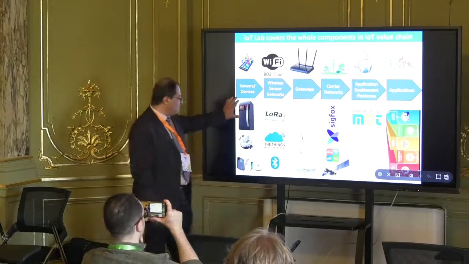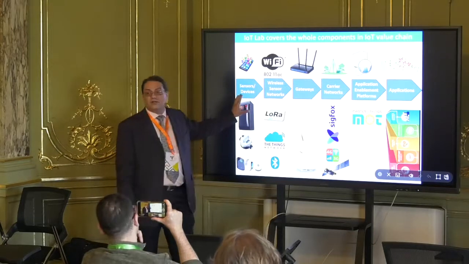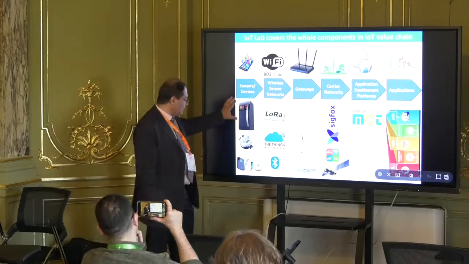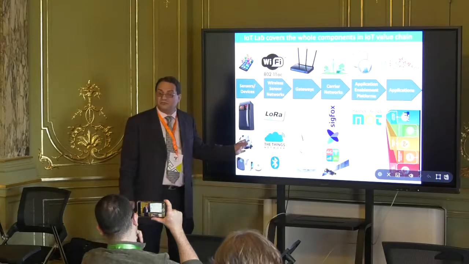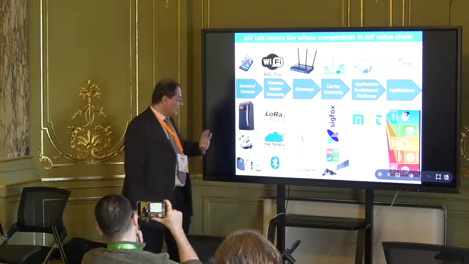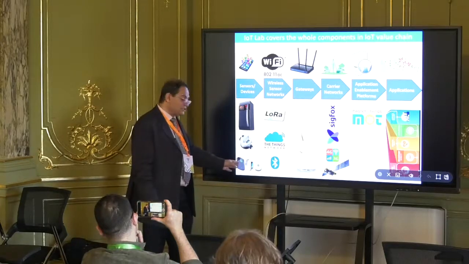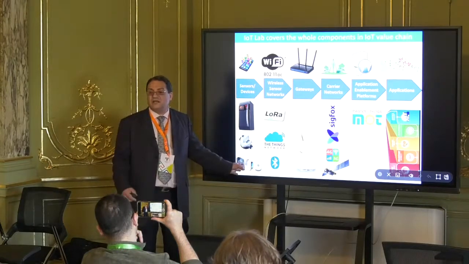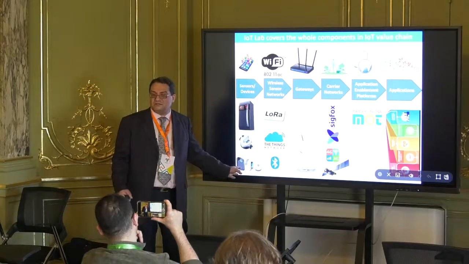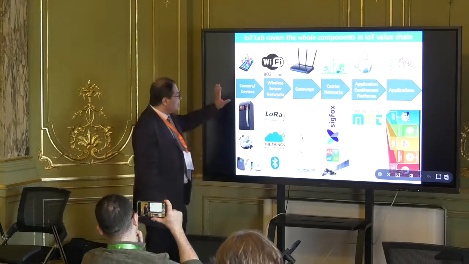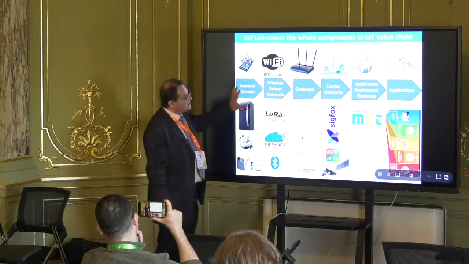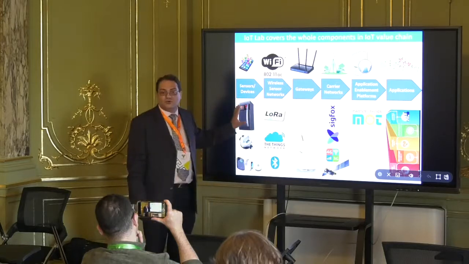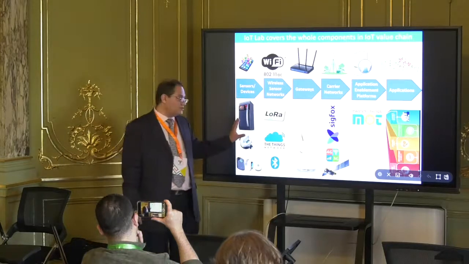Those could be home devices like a refrigerator or a lamp at home, or a utility meter, smartwatches, or other sensors like parking sensors in the street, temperature and humidity sensors inside the building, and so on. So this would be the first component of an IoT solution.